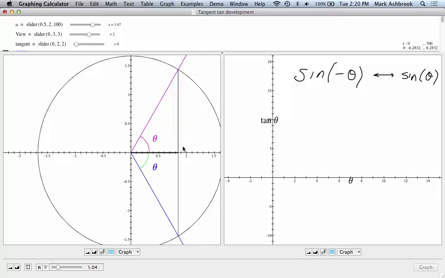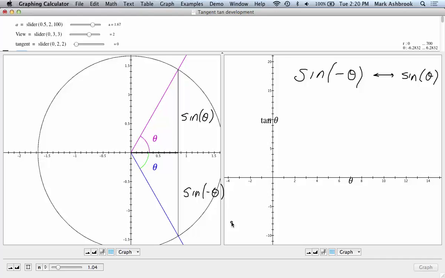Good. So this right here is sine theta. And right now, is it positive or negative? What in this picture is representing sine of the opposite of theta? Patrick? This one here. So Christian and Taz both said these are equal and opposite values.